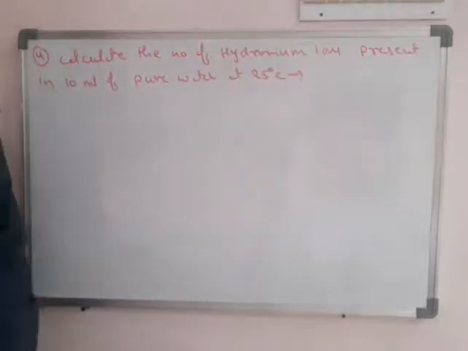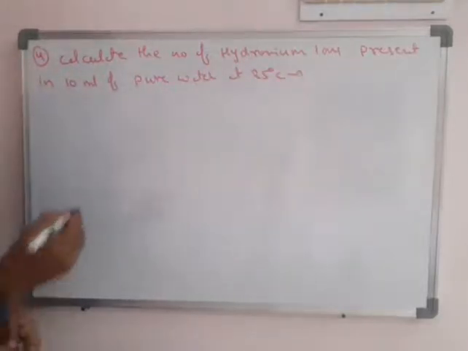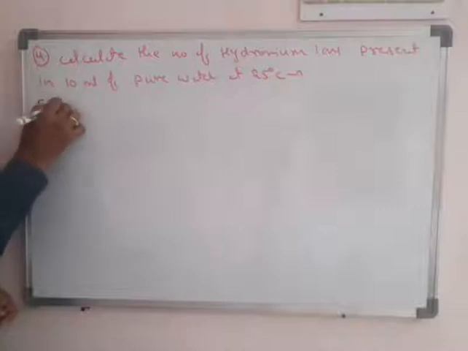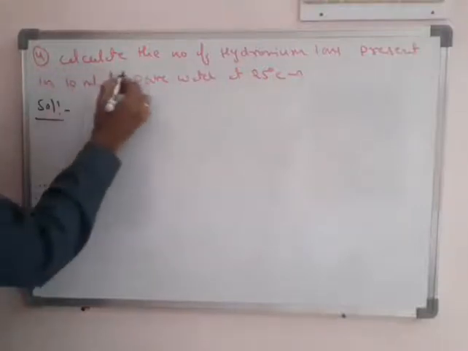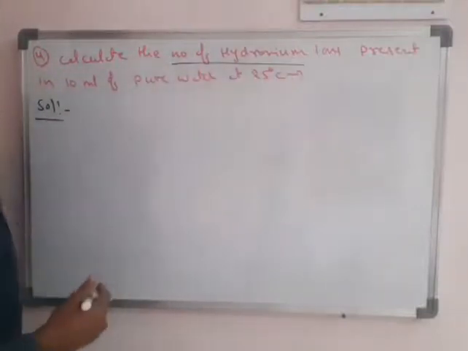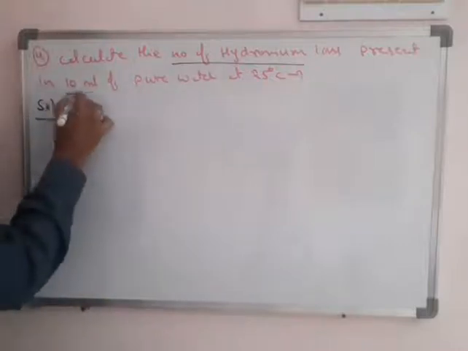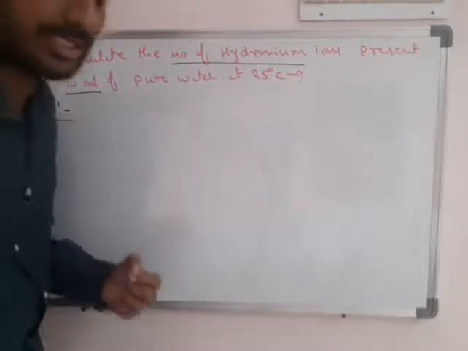So here the temperature is mentioned. So we know that, see the problem. Calculate the number of hydronium ions present in 10 milliliter of pure water at 25 degrees Celsius.